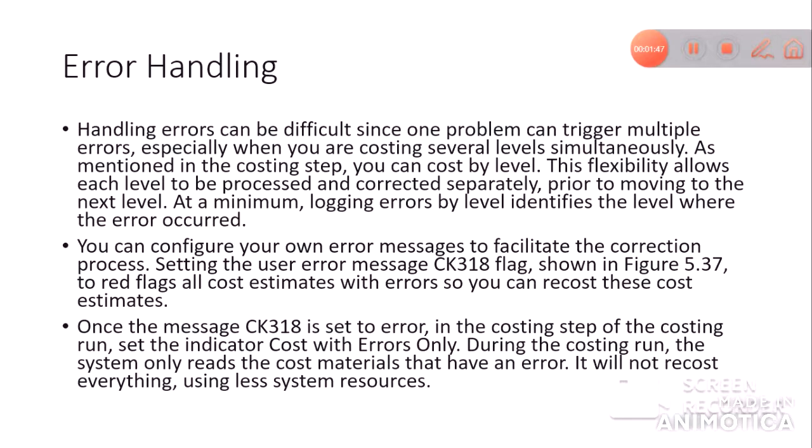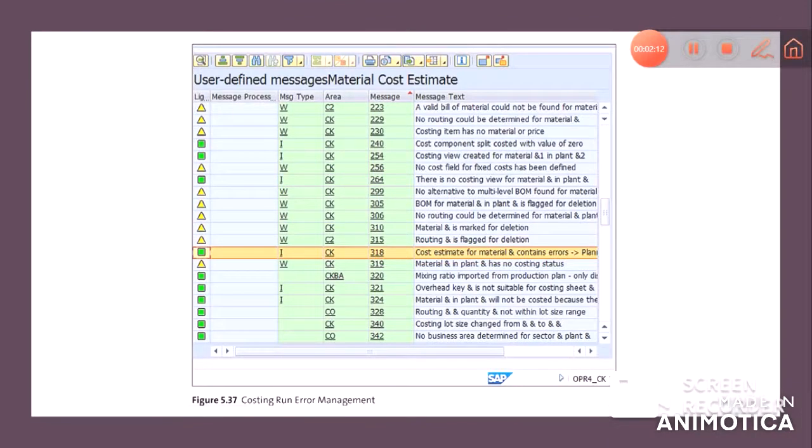During the costing run, the system only reads the cost materials that have an error. It will not recost everything, using fewer system resources.